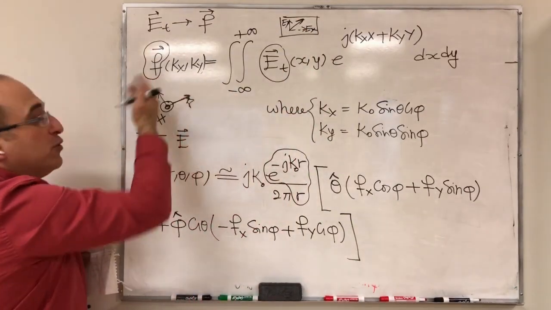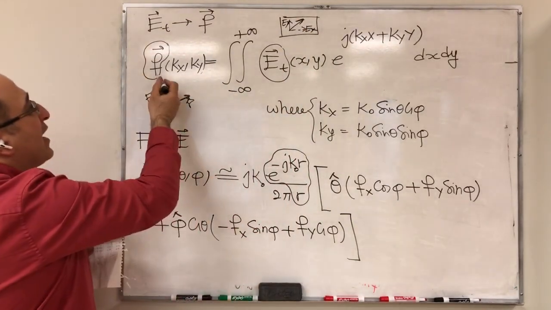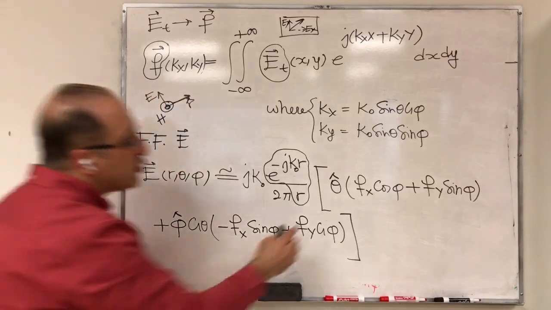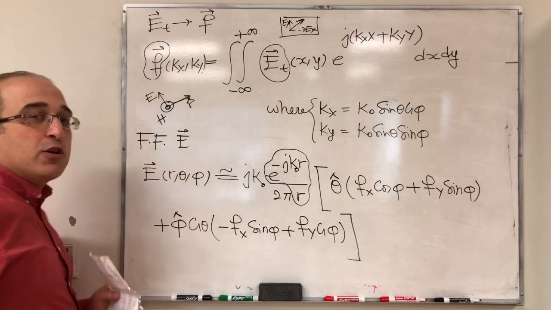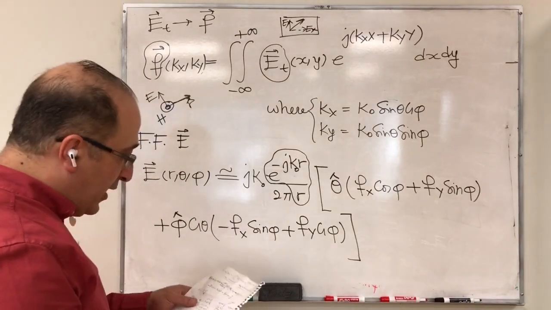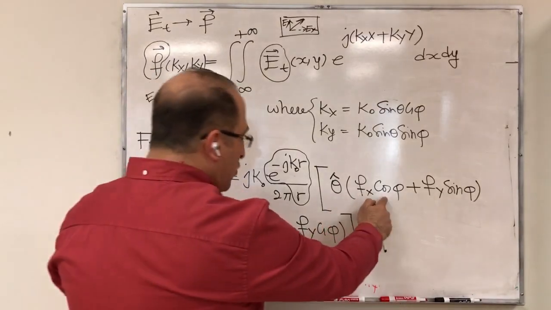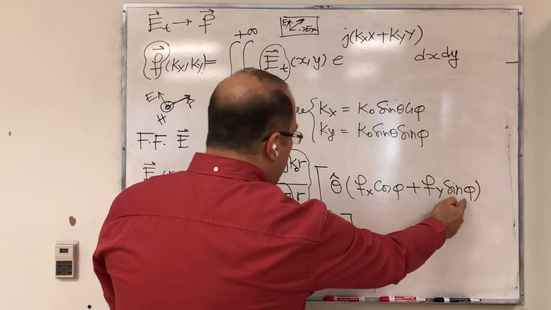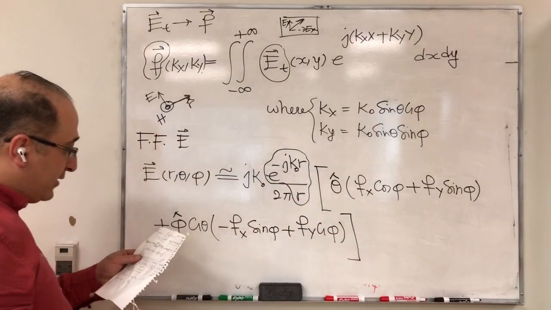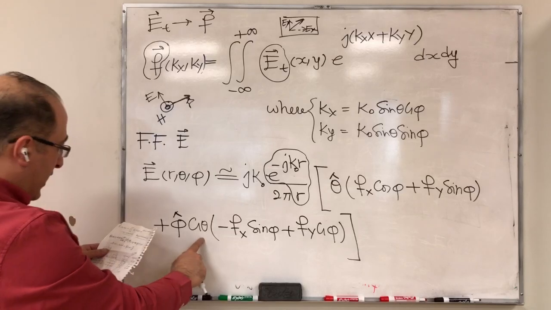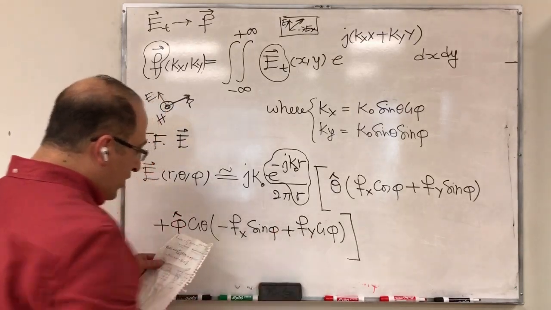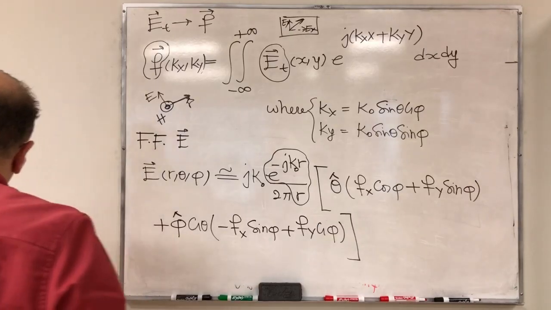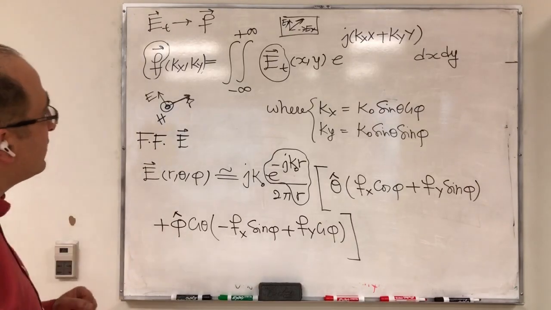Subsequently, the F that you get is a vector. Therefore, it has an x component and a y component. So subscript x, subscript y are the x and y components of this F. And then I have my Fx cos phi, Fy sine phi for theta hat. That's correct. And then I get phi hat, cos theta times minus Fx sine phi plus Fy cos phi. So that's going to be my electric field.